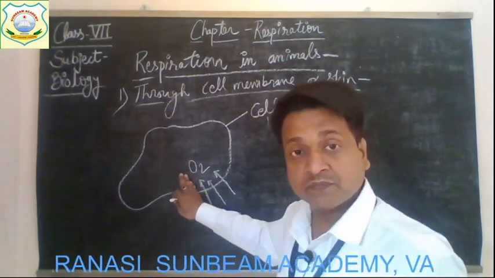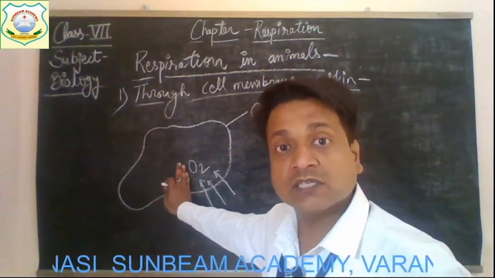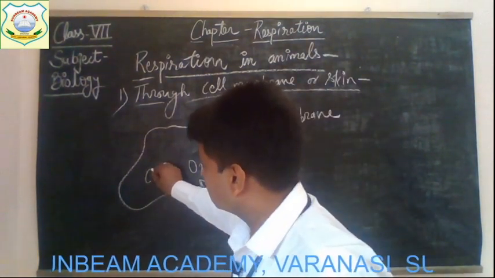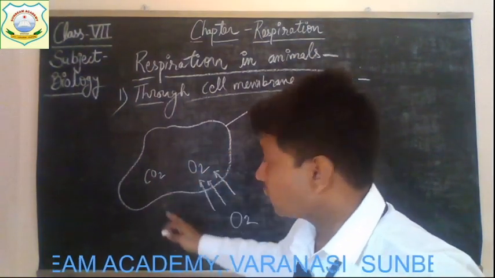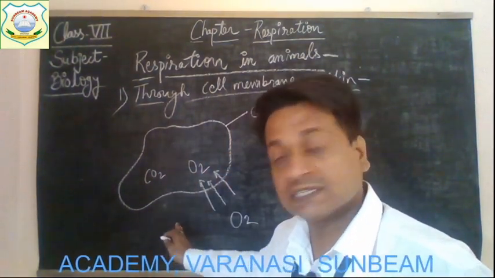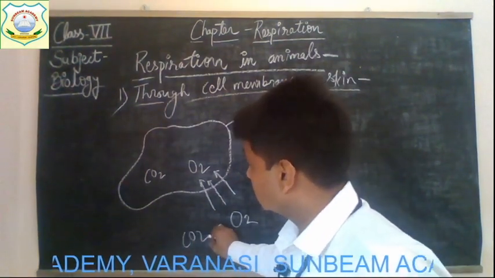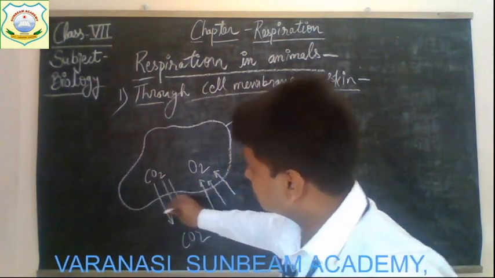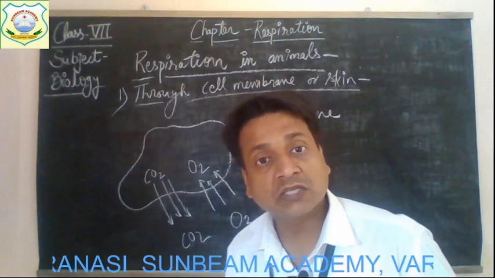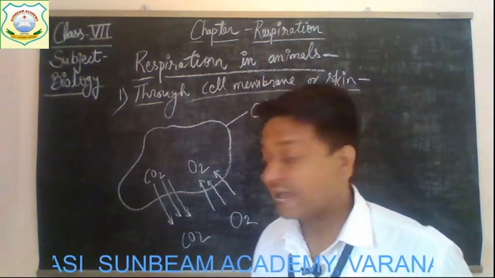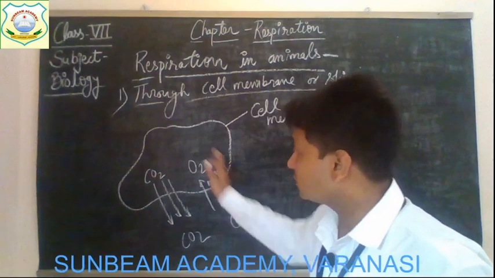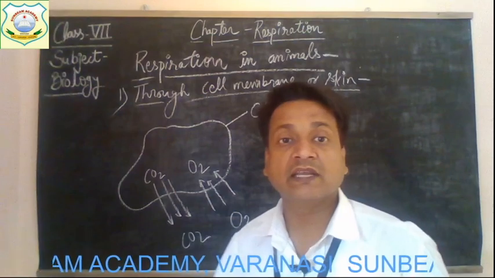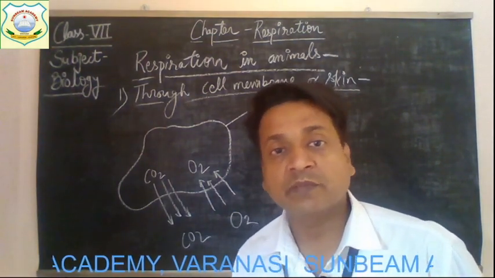And at the same time, by the process of respiration, carbon dioxide increases inside the body, and the concentration of carbon dioxide is less outside the body. So the movement occurs from inside to outside. This is the way by which the gases, oxygen and carbon dioxide, get exchanged in the body of amoeba and paramecium.